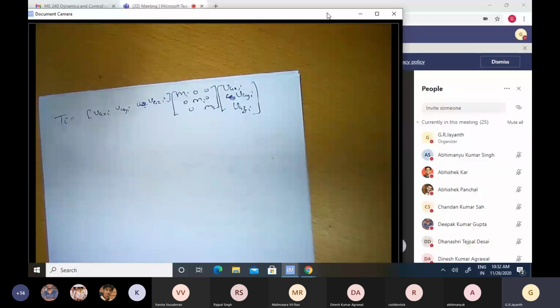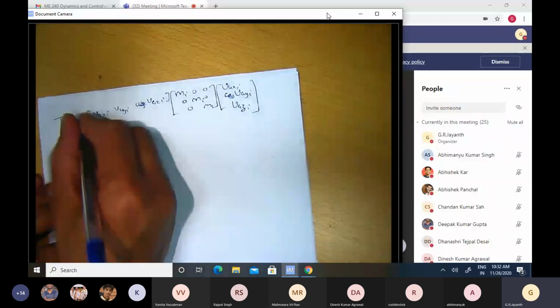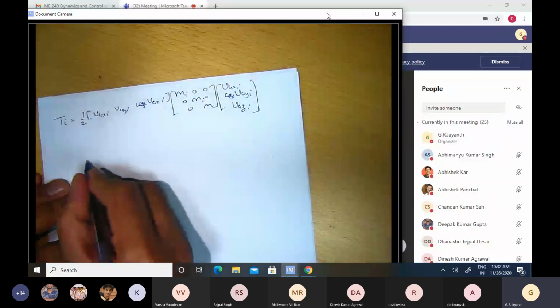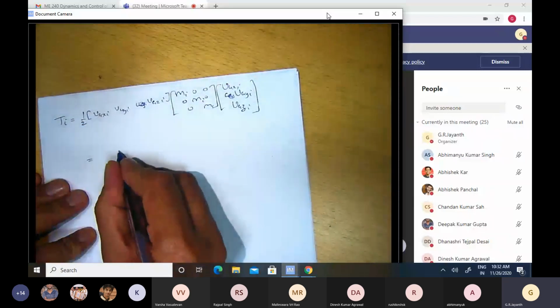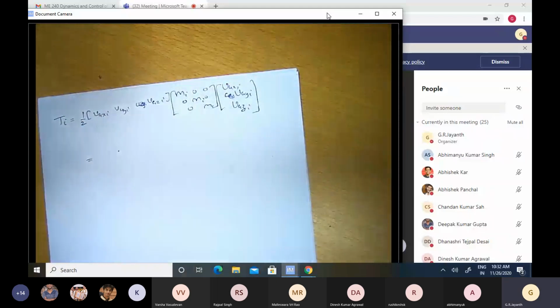Why have I done this? By doing this, I am casting it in a form that is similar to the angular velocity expression.